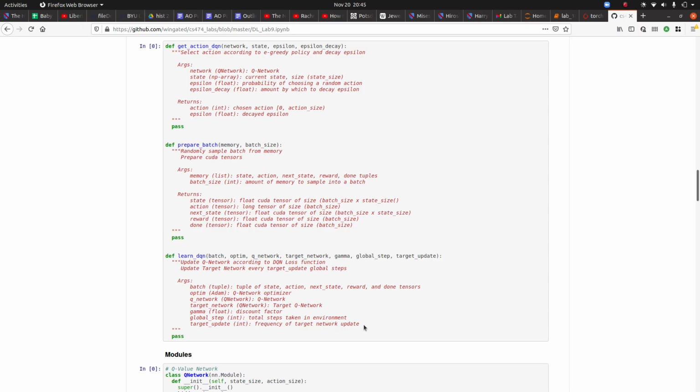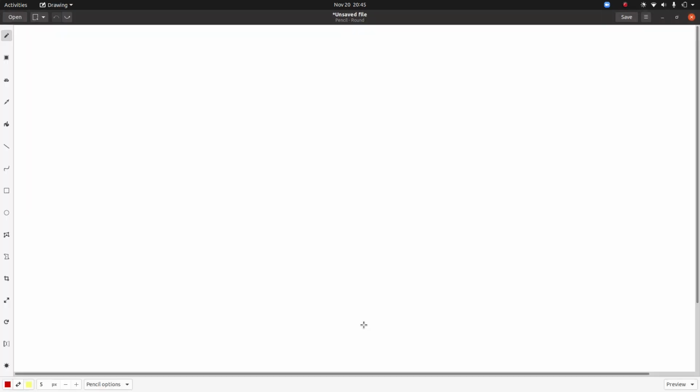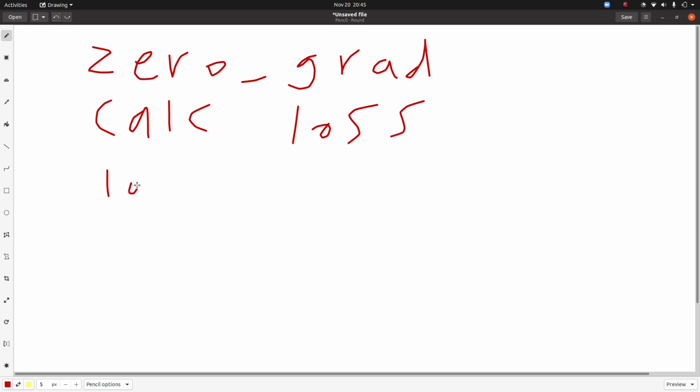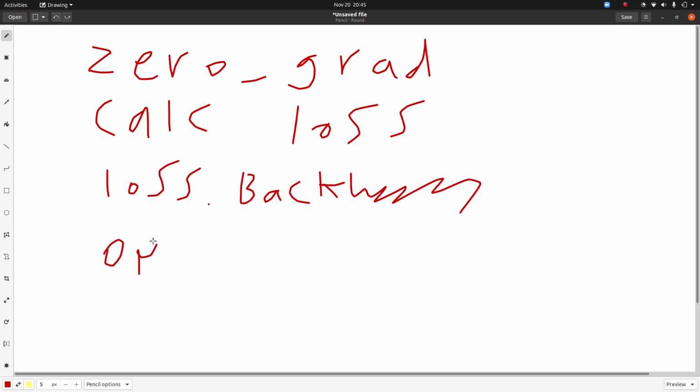Learn DQN has 4 different steps. All learning loops have 4 different steps. You zero the gradient. You calculate the loss. You call loss.backward, and you call opt.step.